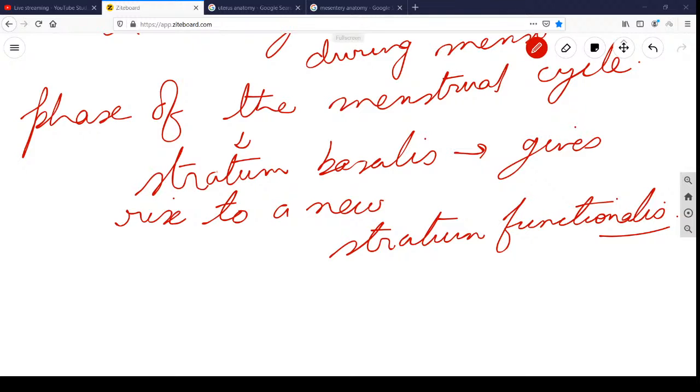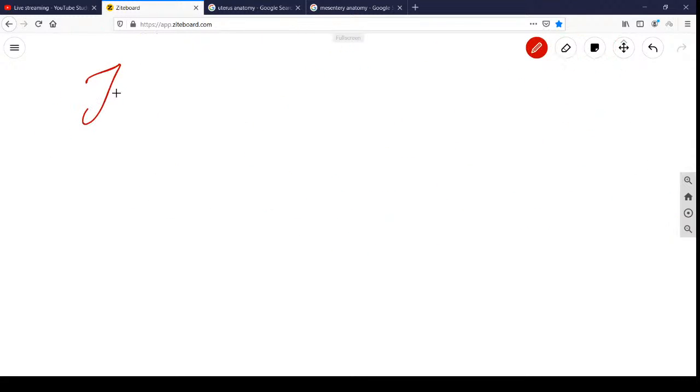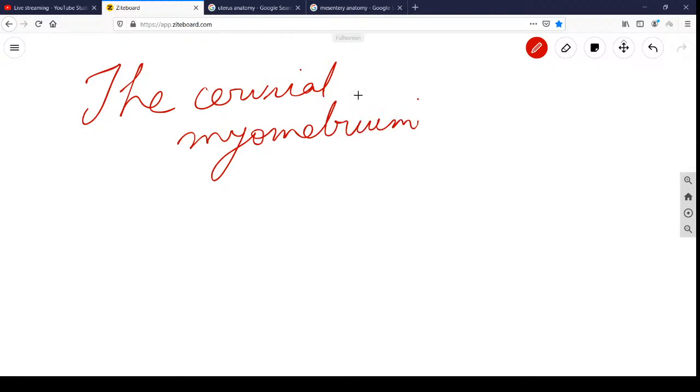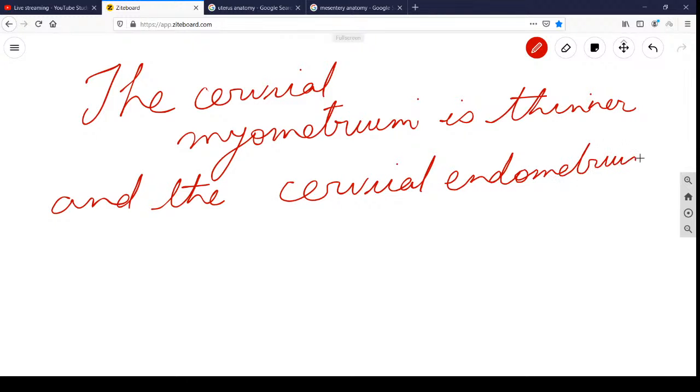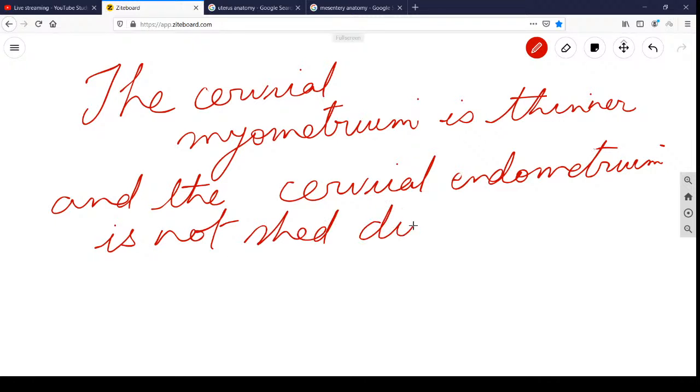The cervical myometrium is thinner, and the very important point is that the cervical endometrium is not shed during the menstrual cycle.